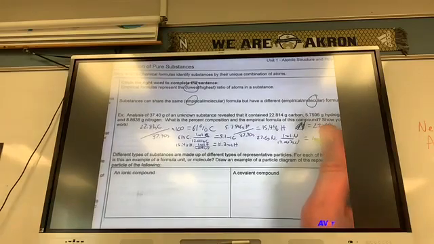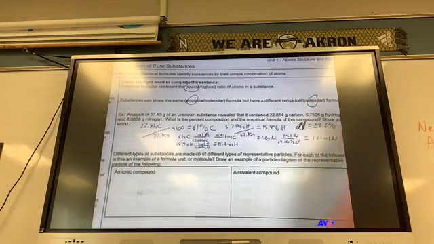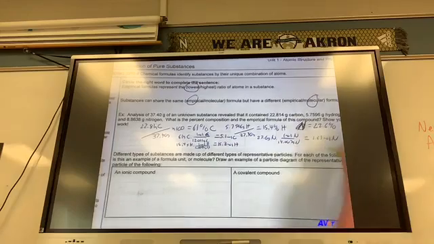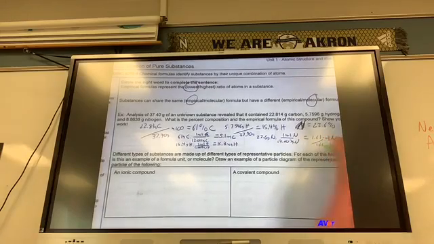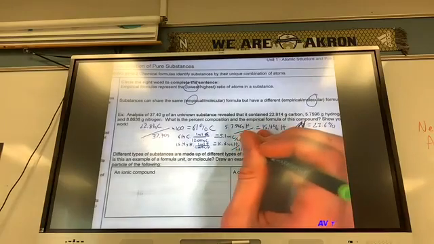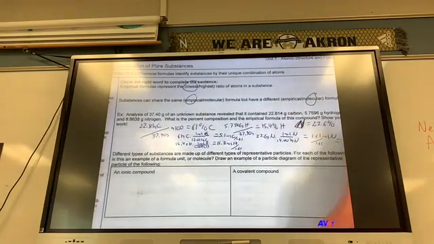1.61 moles of N. Now what do we do? Take the lowest value and divide by the smallest to get your ratio. So divide by 1.61, divide by 1.61, divide by 1.61. So nitrogen is 1. It does work.